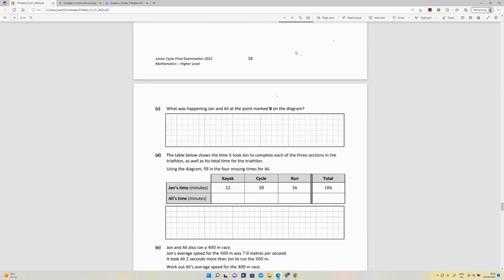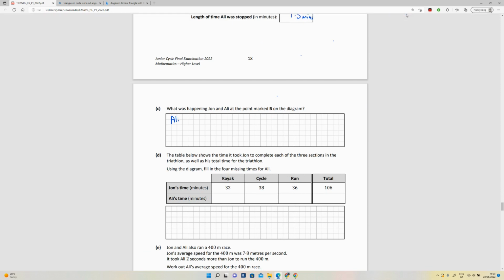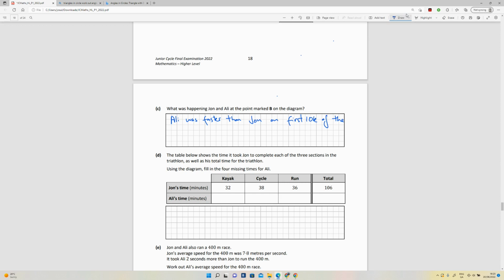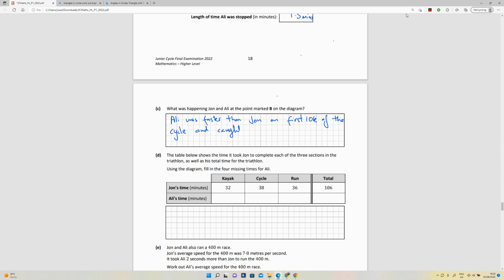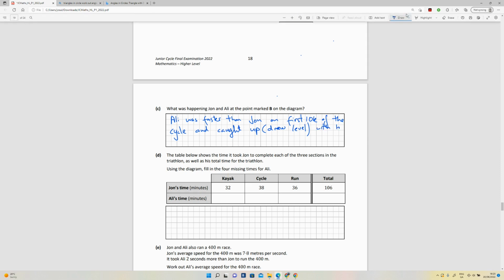So Ali was faster than John on the first 10K of the cycle and caught up or drew level with him at point B. Okay, so that's what was happening.